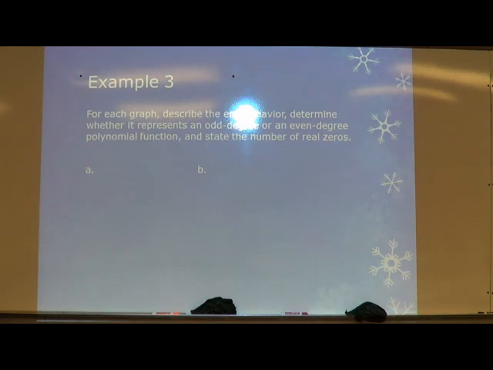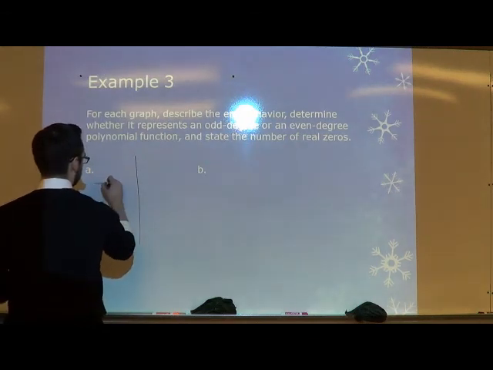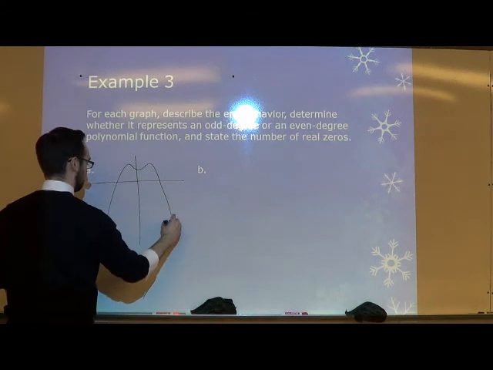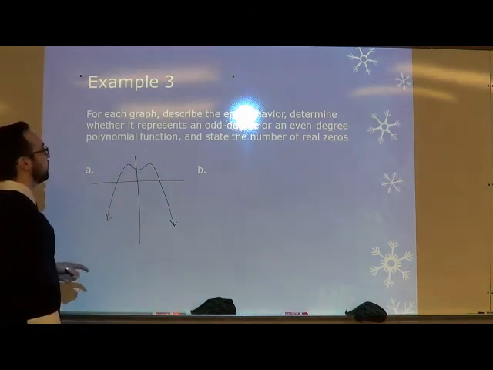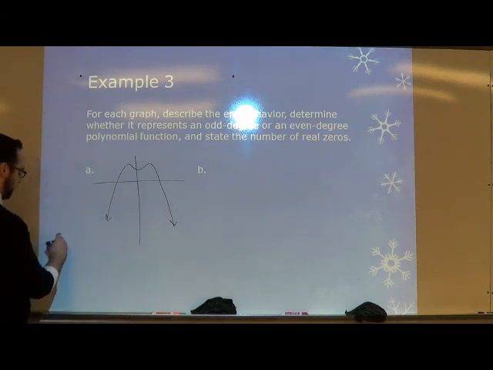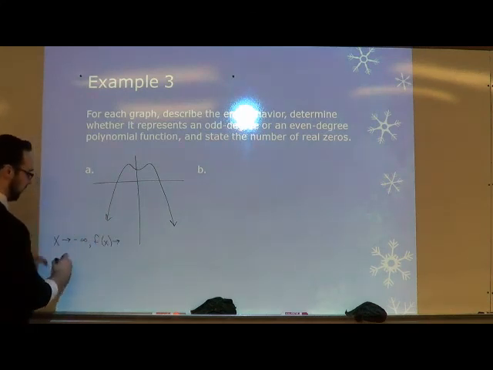Okay, so if I give you a graph that looks something like this. They want us to do three things. Describe the end behavior. So what we do is say, as x approaches negative infinity, f of x, the function, approaches what?